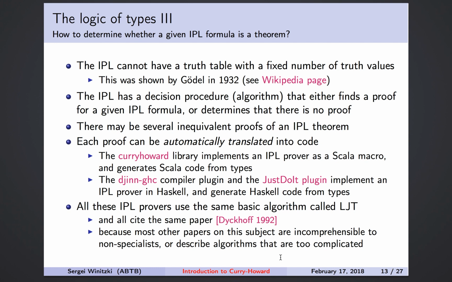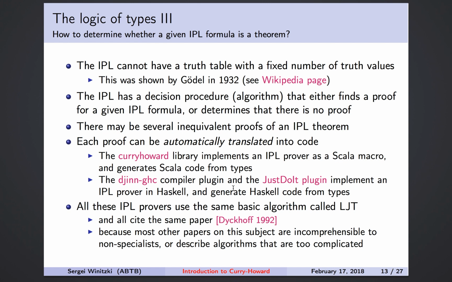And there are open source projects on the web, such as the GinGHC, which is a compiler plugin for Haskell. This is another project doing the same thing. And for Scala, I implemented the Curry-Howard library. All of these Scala and Haskell projects do the same thing.